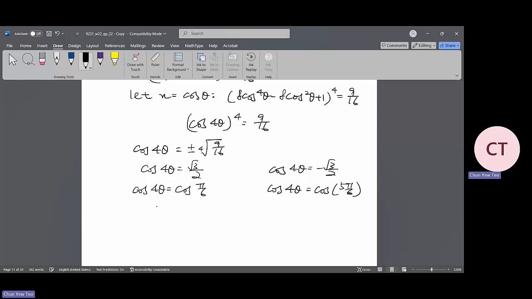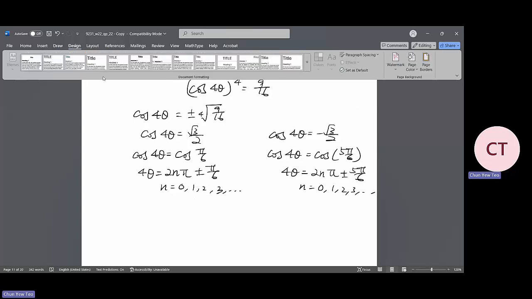So just refer to the general formula. You get 4 theta is equal to 2n pi plus minus pi over 6. This one, you will get 2n pi plus minus 5 pi over 6. Okay, so your n is equal to 0, 1, 2, 3, and so on. This one, your n is also 0, 1, 2, 3, and so on.